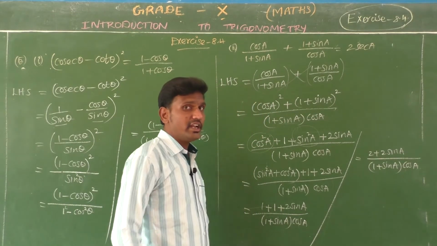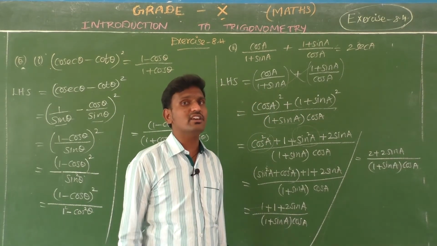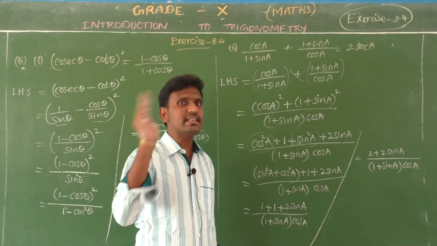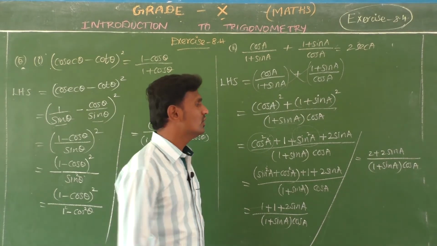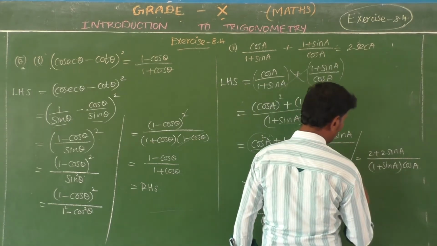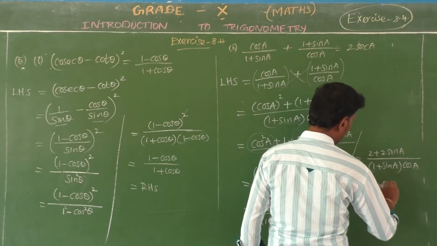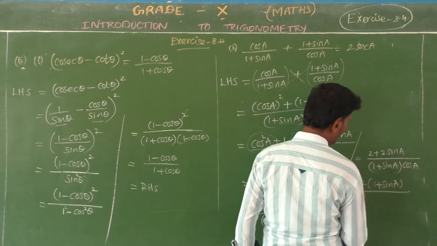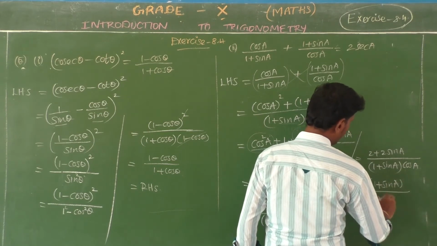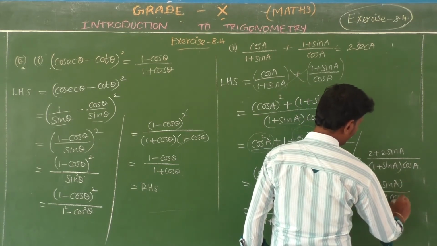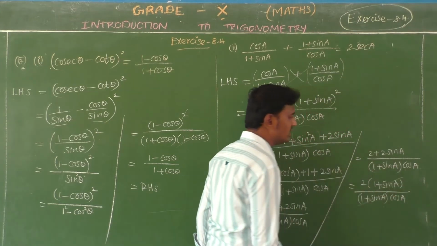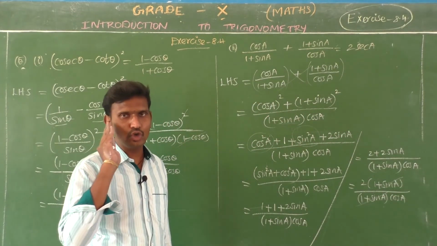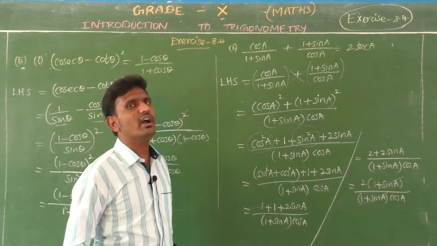Okay. Now in the numerator you have a common term of 2, in the first term and the second term both. So I am taking 2 outside: 2 into (1 plus sin A), the whole divided by (1 plus sin A) into cos A. It is a very simple task to eliminate (1 plus sin A) from both the numerator and the denominator.